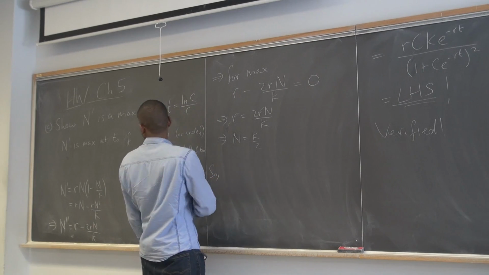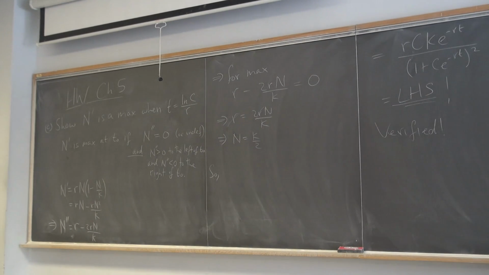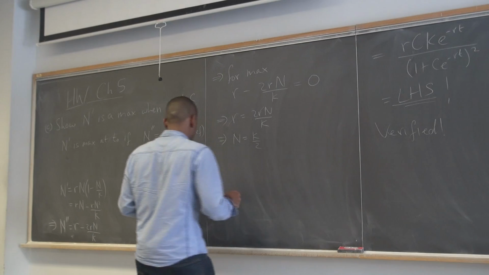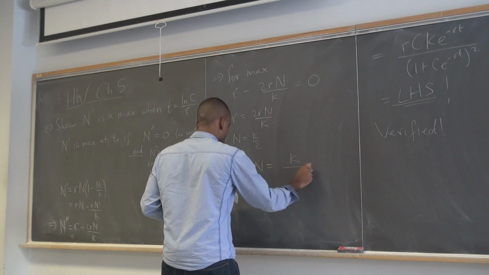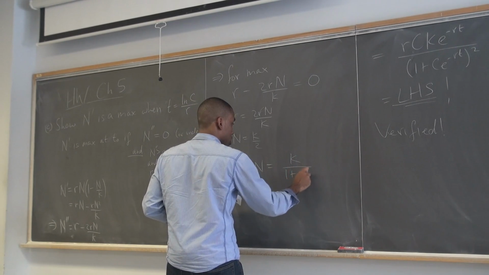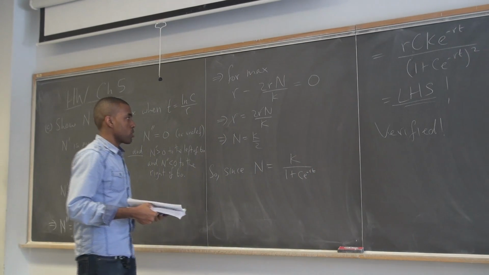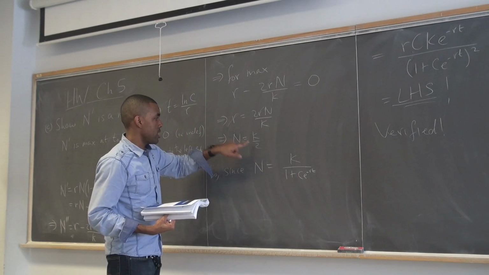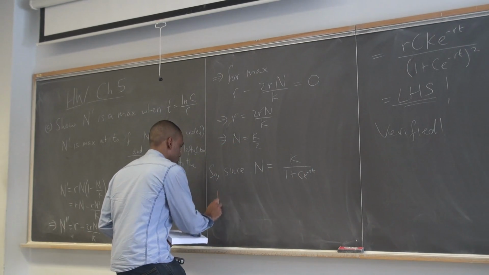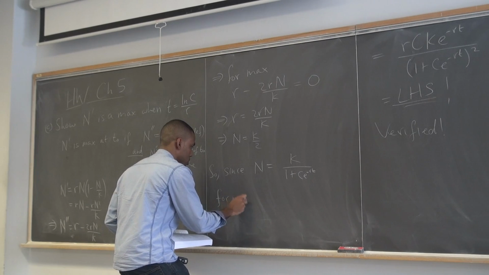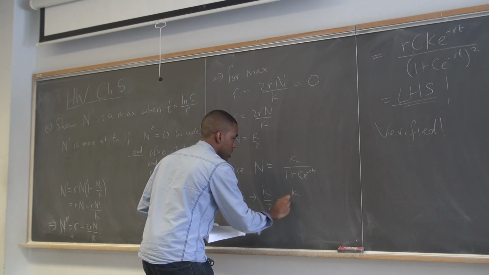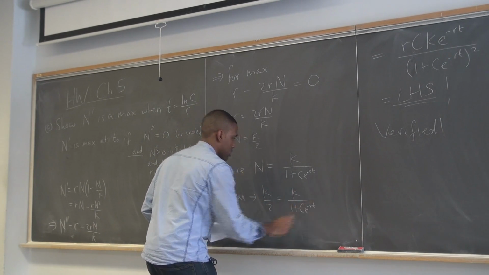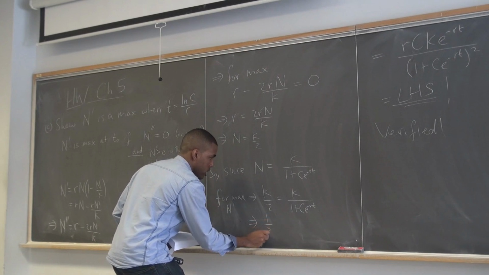So, what did we have? It told us that our n is equal to k over 1 plus c e to the minus rt. And we know that the maximum growth rate occurs when your n is this. So all I do is plug it in. For max n prime, we have that k over 2 is equal to k over 1 plus c e to the minus rt, which I can divide by k to get this.